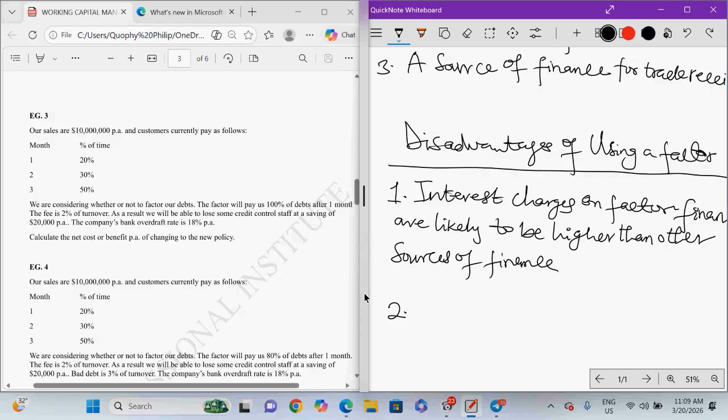Then sometimes there's an effect on customer goodwill, right? The factor is unlikely to treat the clients or the customers with the same degree of care like you would do on your own.